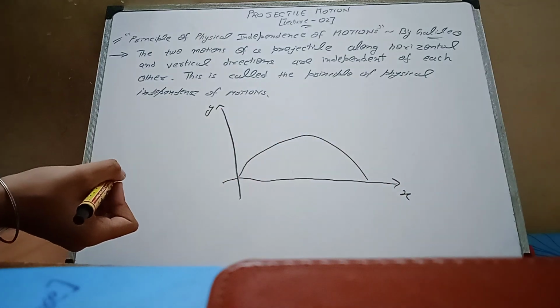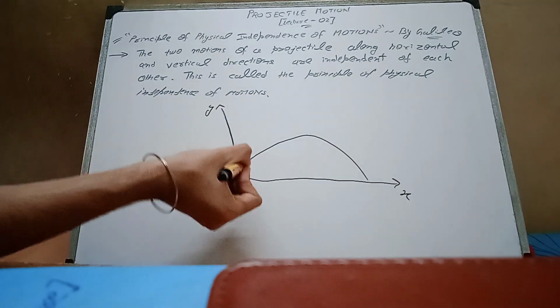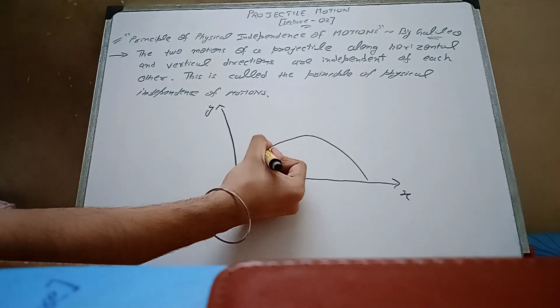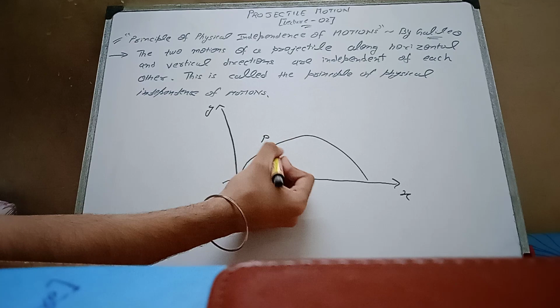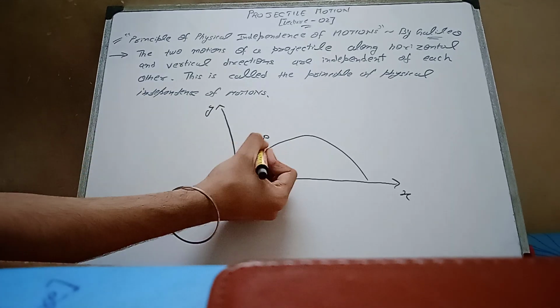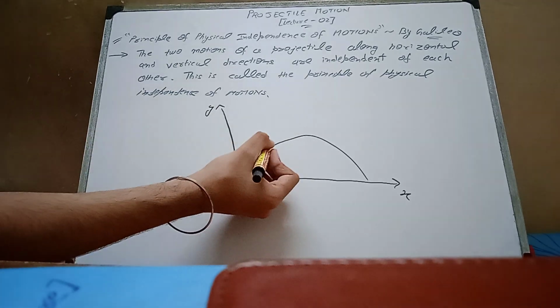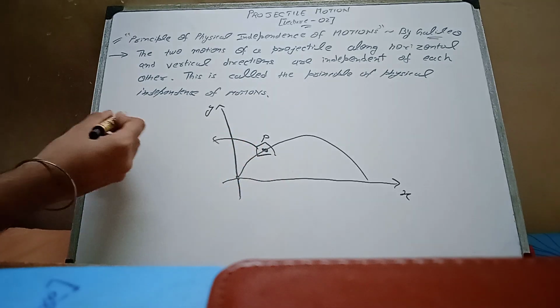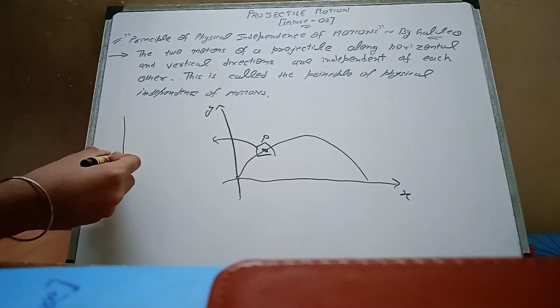If the velocity at point P, let us magnify this velocity at this point.